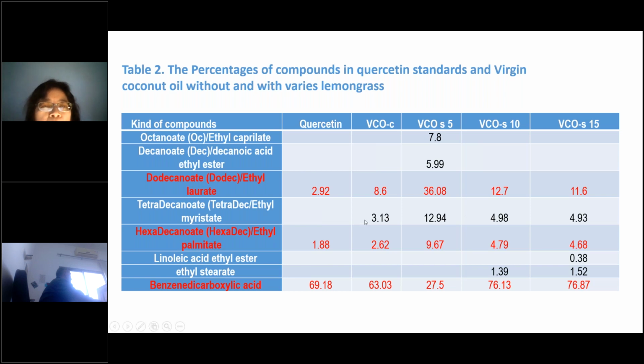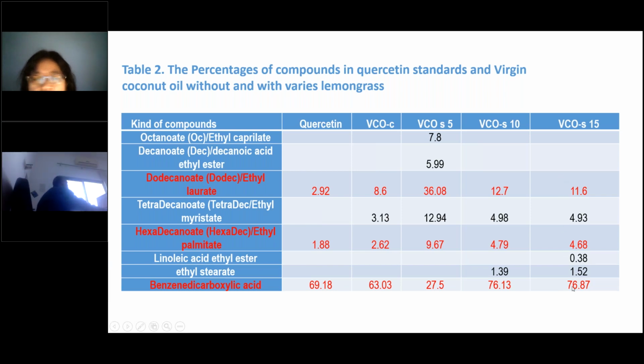We can show quercetin has a maximum of benzene dicarboxylate at 69%, and then similar with control 93%, and then increase with lemongrass 10% until 76%, and then increase again with lemongrass 15%.